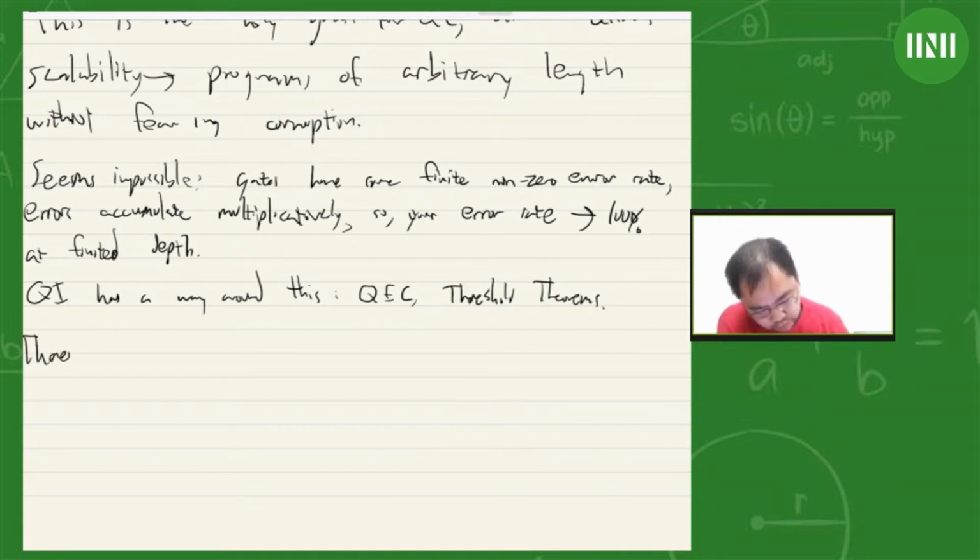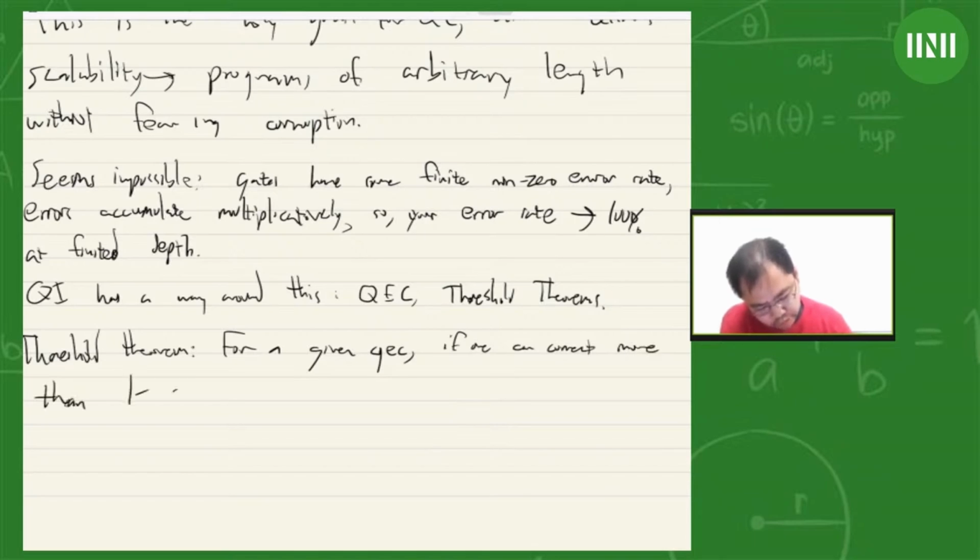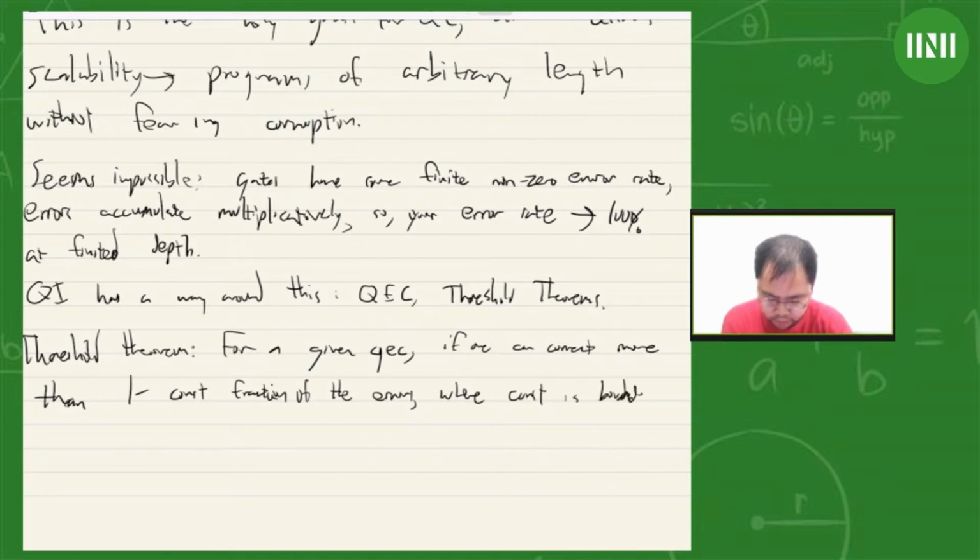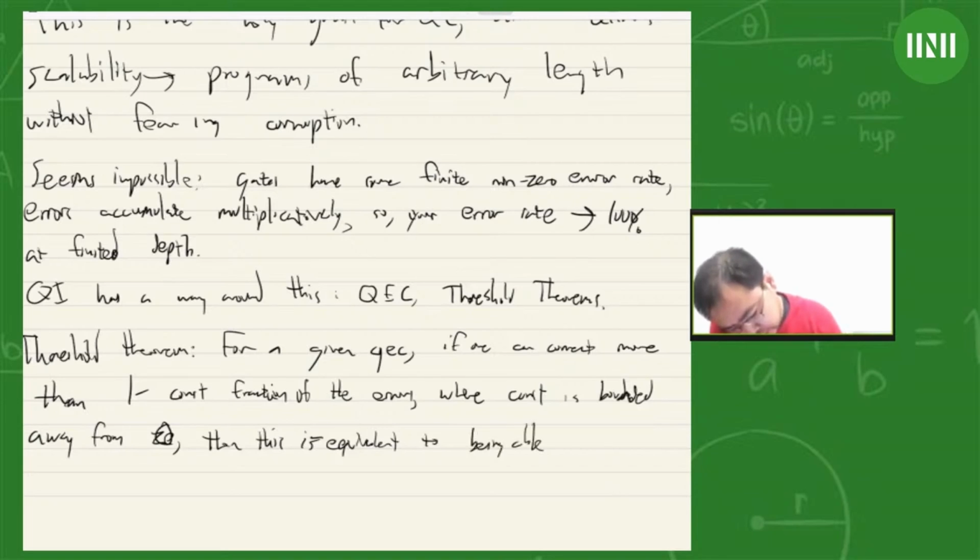Threshold theorem says that for a given quantum error correcting code, if one can correct more than 1 minus some constant fraction of the errors, where the constant is bounded away from 0, then this is equivalent to being able to correct all errors.